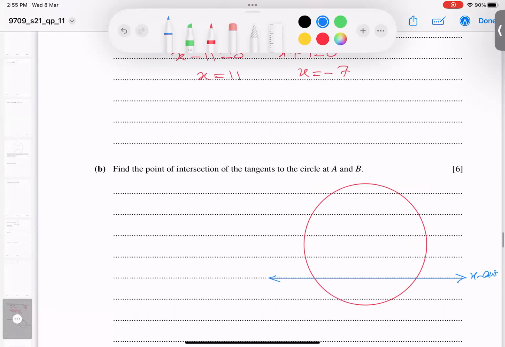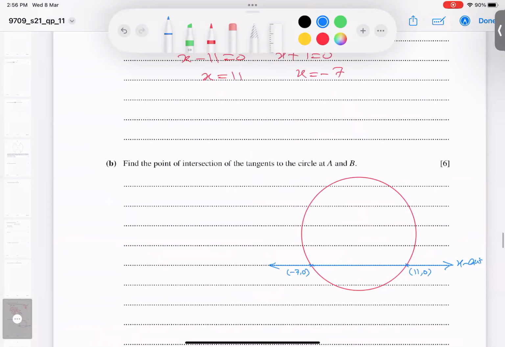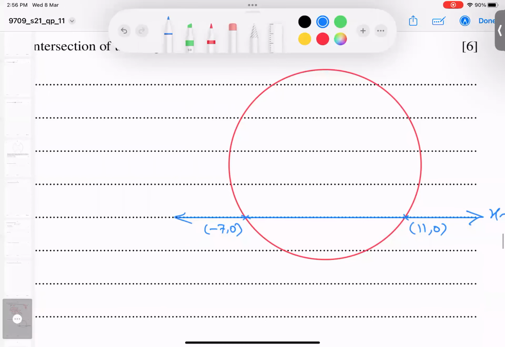One point which I'm getting is minus 7, which is here, and 11, which is here. So I'm writing minus 7, comma 0, and this is 11 and 0. I believe these points are very clear. One I will label as A and one I will label as B.